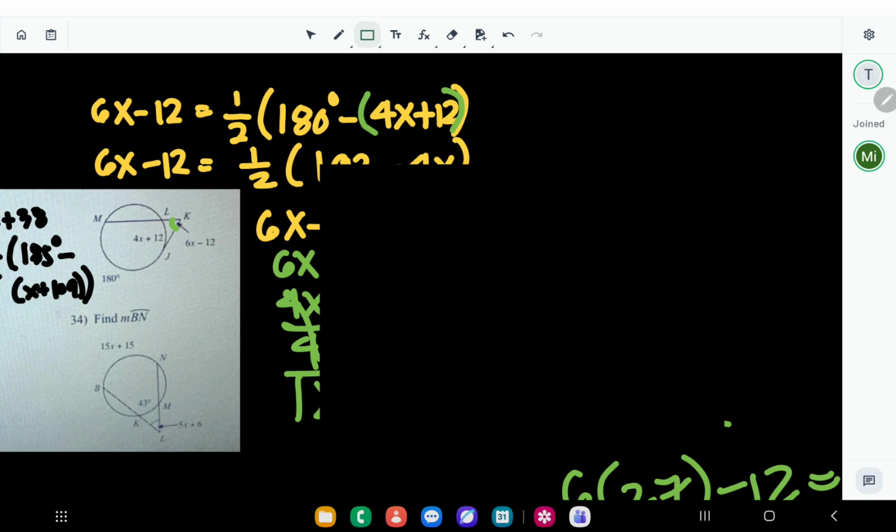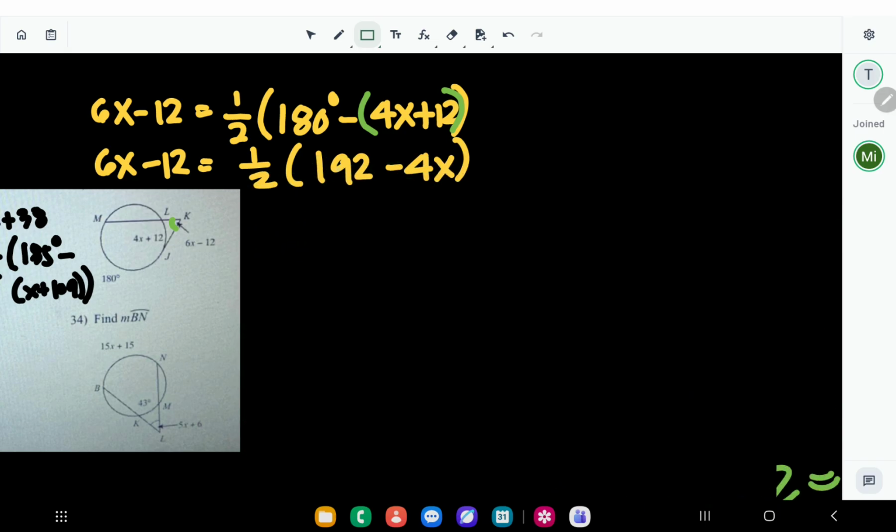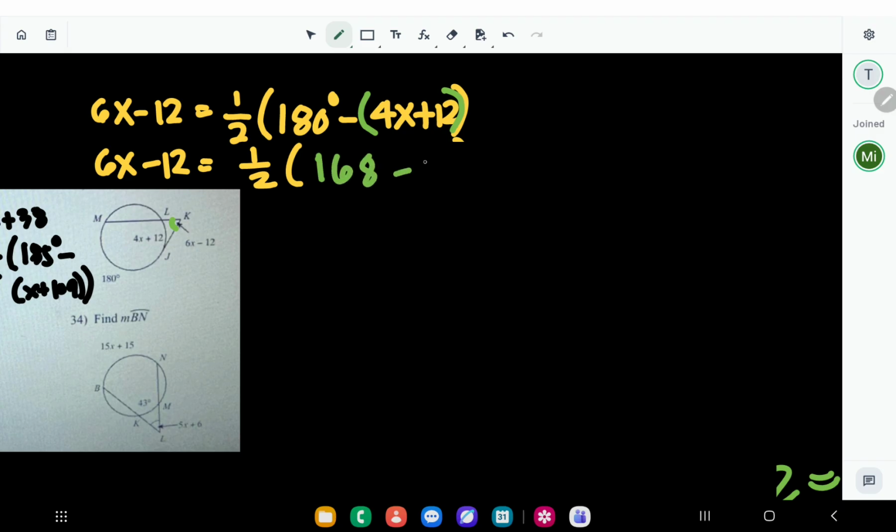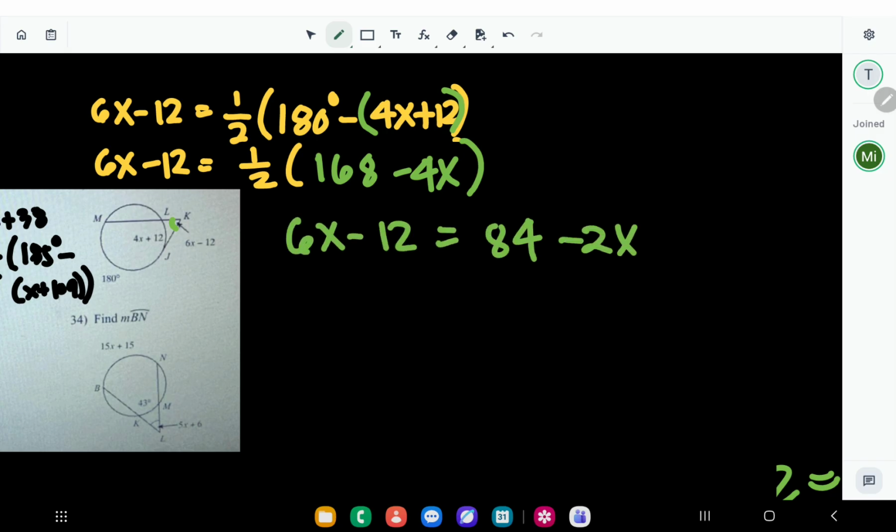Sorry. Oh my gosh. So it should be 180 minus 12. Minus 12. So that is 168. So 168 minus 4x. So 168 divided by 2. So that is 6x minus 12 equals 84 minus 2x. So this is 6x plus 2x, 84 plus 12.